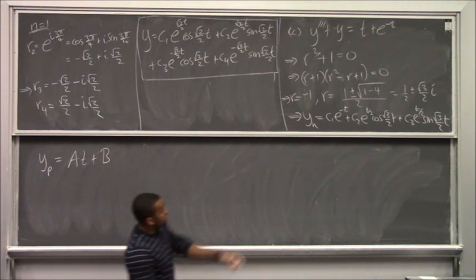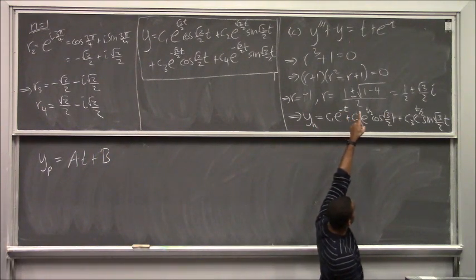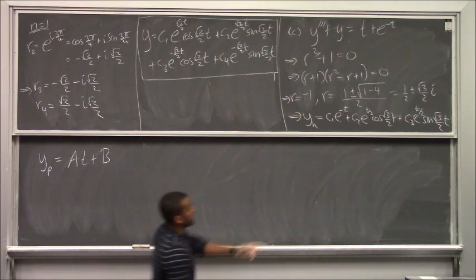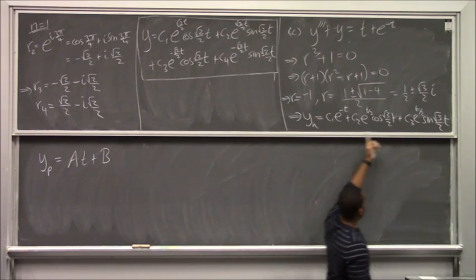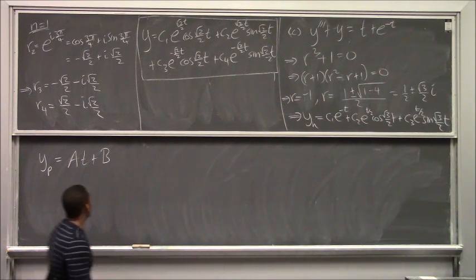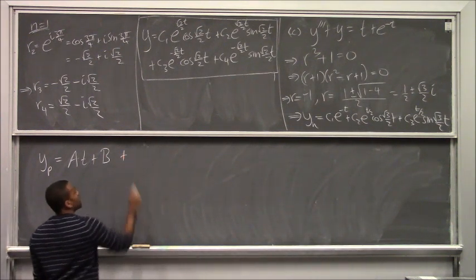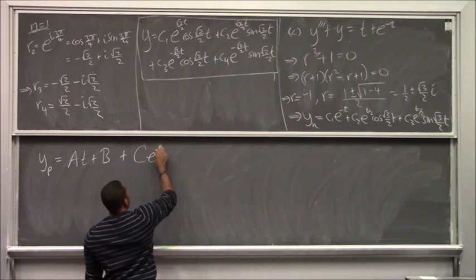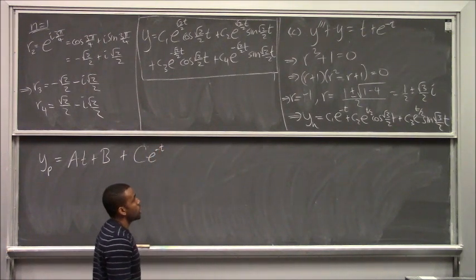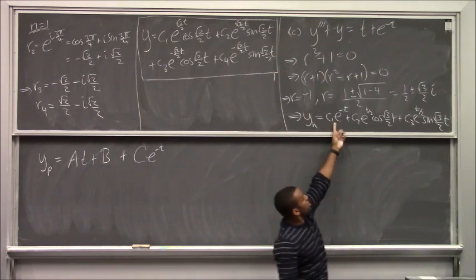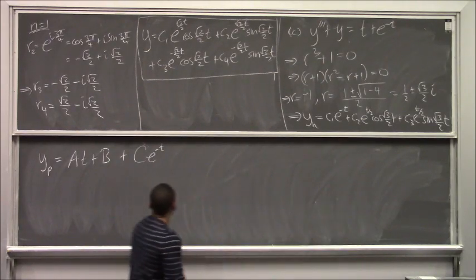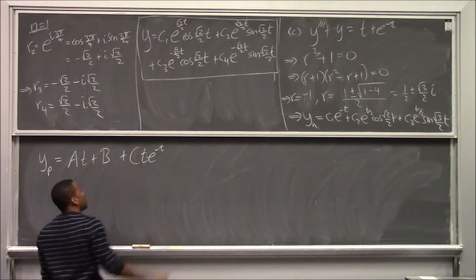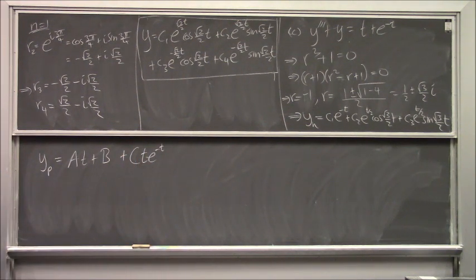Because we have a first order polynomial there, we write down the general first order polynomial, and then I check, is that overlapping with anything here? Nope, there are no polynomials there. And then C e to the minus t. It overlaps here, so I'm going to multiply by t. That would be my particular solution.